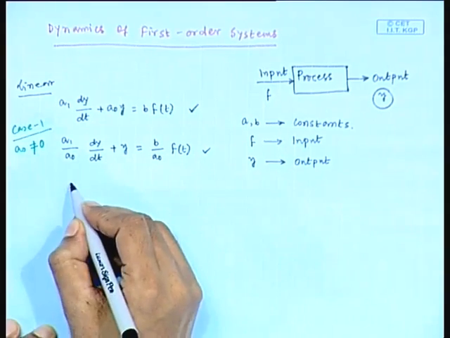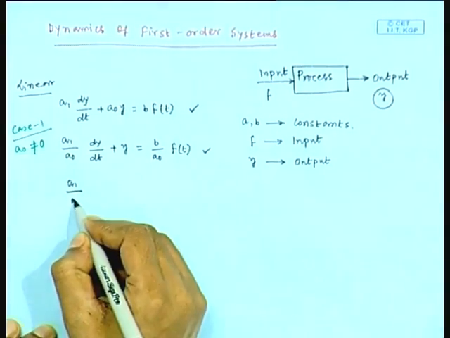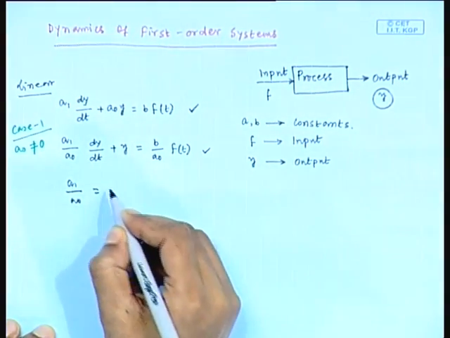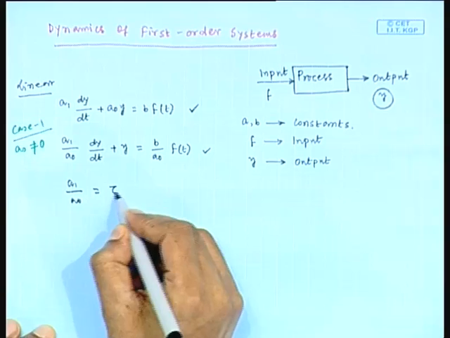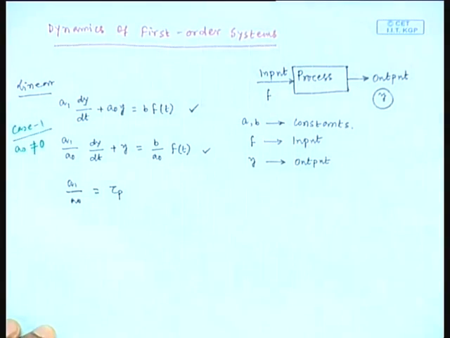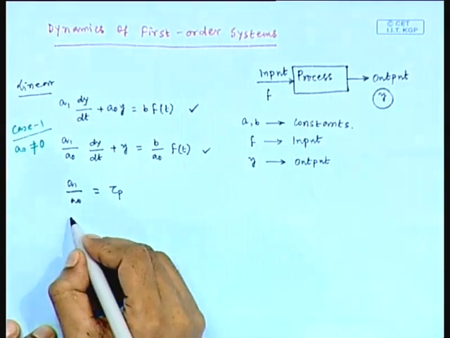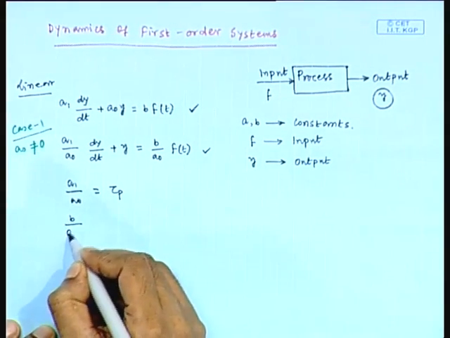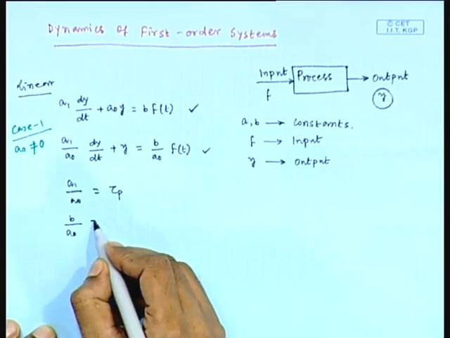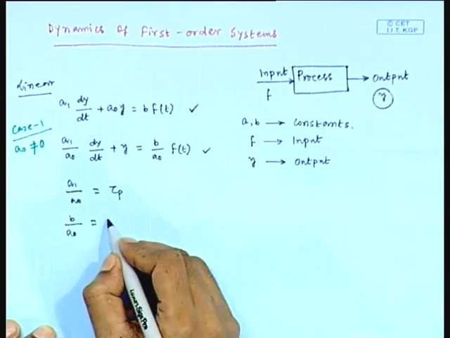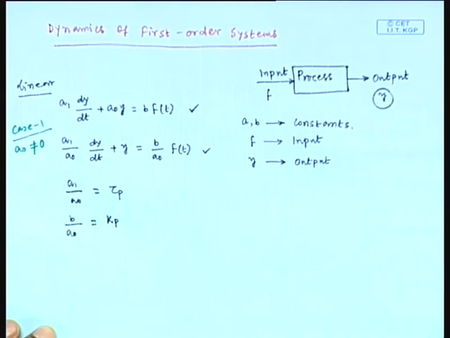Now, after rearranging this first order linear differential equation, we get this. Now, we will represent a1 by a naught by the term tau p, and another term, that is b divided by a naught, will be represented by Kp.